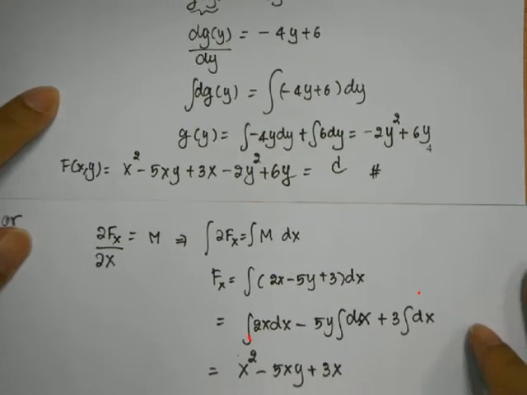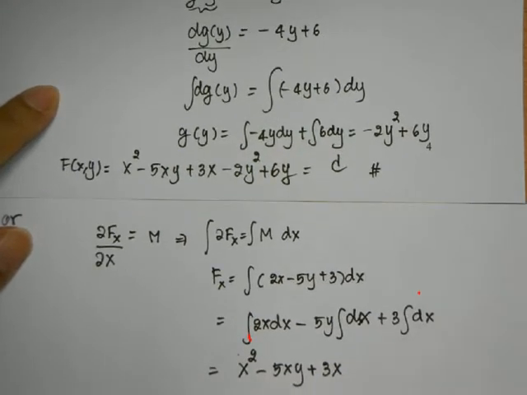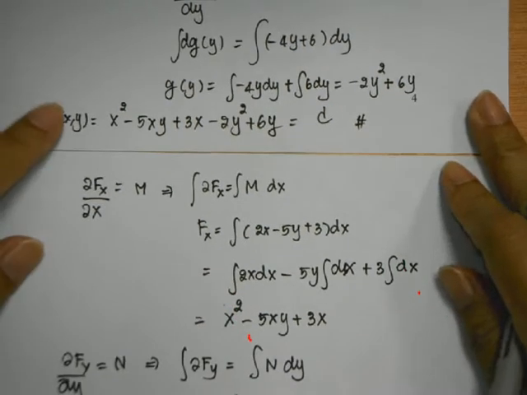Now we put N there, it's equal to negative 5x, negative 4y plus 6 dy. Okay, the first term, what we got?